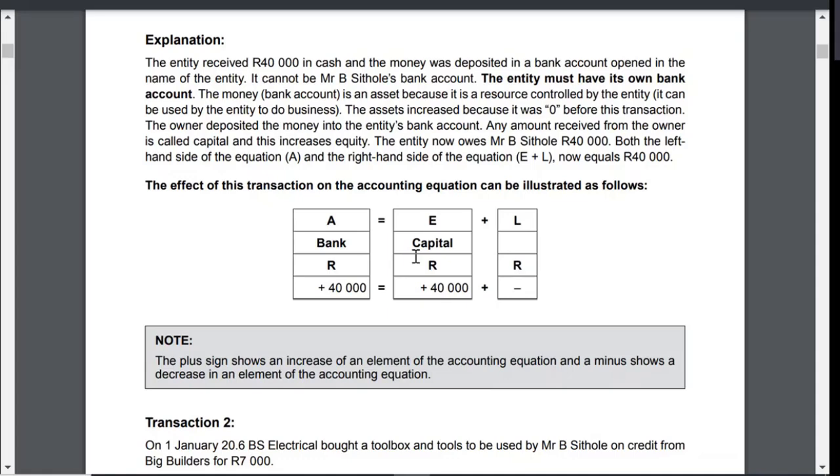Let's say BS Electrical charged you 5,000 Rand. So the credit agreement is saying this money will be due within the next 12 months. So that is a debtor, money that is owed to BS Electrical. And money that is owed to BS Electrical is an asset. And because the credit agreement states that this will be paid within the next 12 months, this is a current asset.